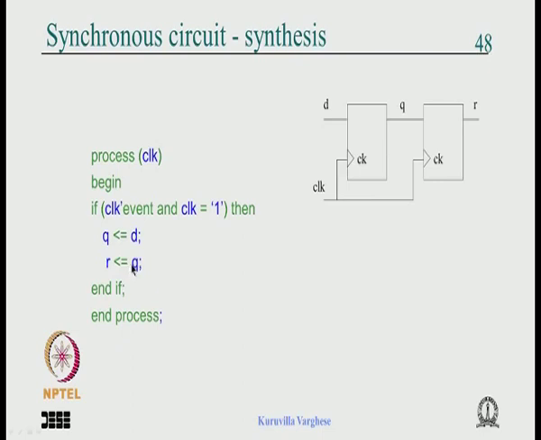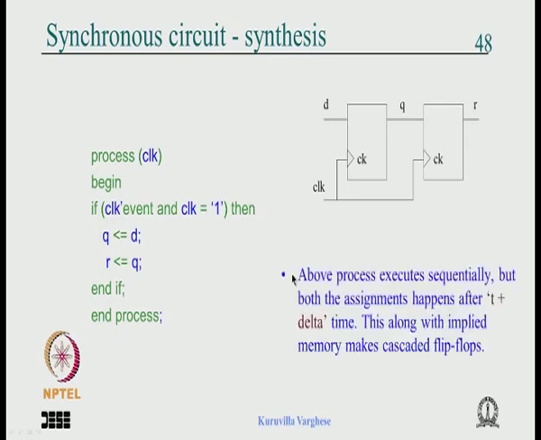You could write this with a variable, and we will see that, but if you do an immediate assignment you won't get this. If you say Q colon equal to D, R colon equal to Q, then you will get just one flip-flop, not 2 flip-flops.